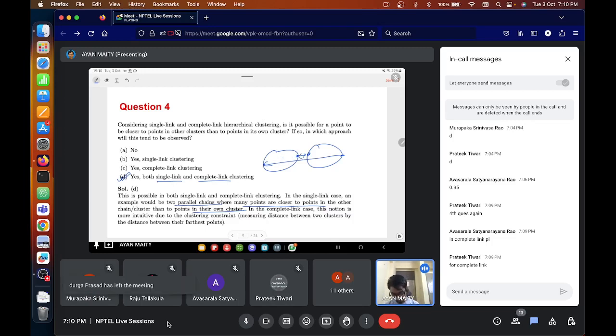But this point is very far away from this point, which is in its own cluster. So that's why it can happen very frequently in case of complete link. But in case of single link, it might not happen always. But if we take two parallel chains, in that case, in single link also it would happen.